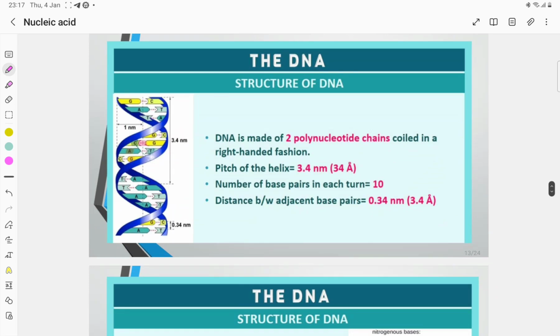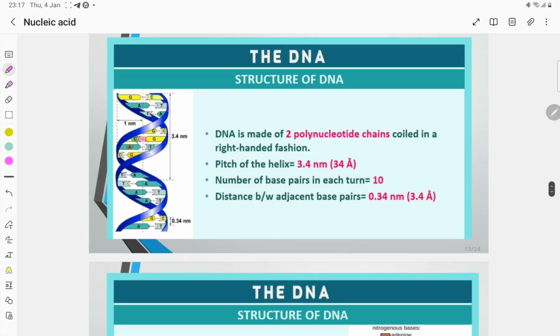Now, if we discuss the structure of DNA, it has two polynucleotide chains, as I told you. This is one polynucleotide chain, this is the second, and they coil around each other. Now the second important point: the pitch of the DNA helix is equal to 3.4 nanometer, or 34 angstrom.